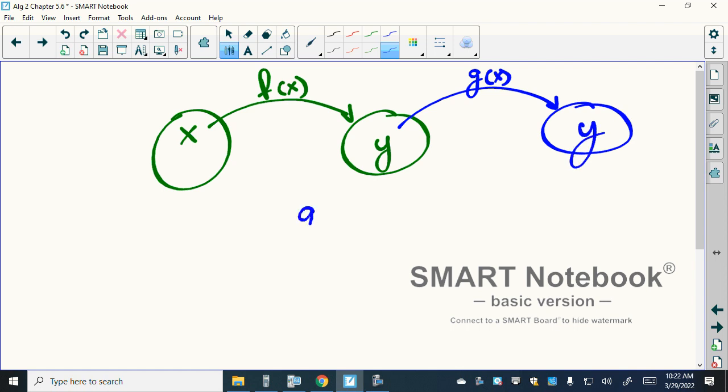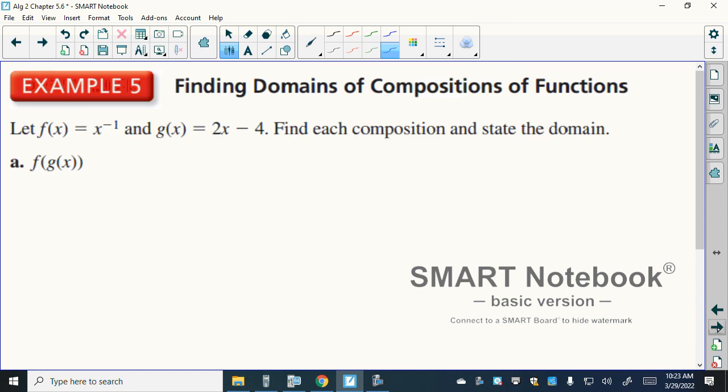So this here is g of f of x. So if there are any restrictions that are applied here or here, they have to be taken into account. Confusing yet? A little bit. Let's look at an actual problem so that this makes a little more sense.